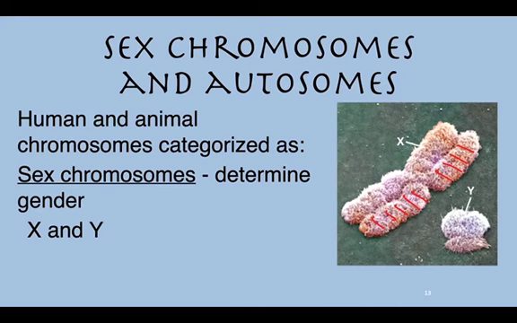So these two chromosomes by themselves, they are the 23rd pair, because we look at our chromosomes as 23 pairs. Each pair represents one from your mom and one from your dad. So in this case, this would be your maternal chromosome, maternal meaning from your mom, and this would be the paternal chromosome, paternal meaning from your dad.